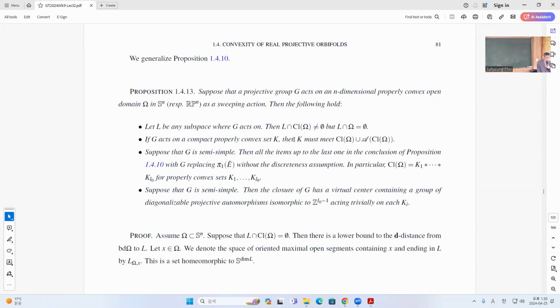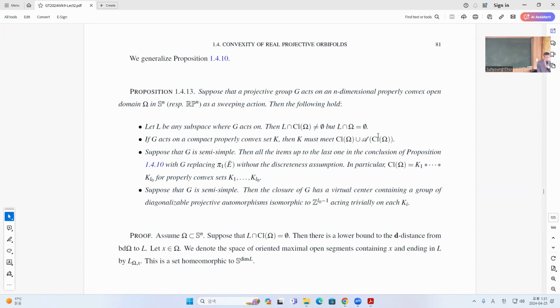So there is some generalization of Benoist's result for the sweeping action. In that case, if there is any subspace where Gx is 1, then the closure is empty.